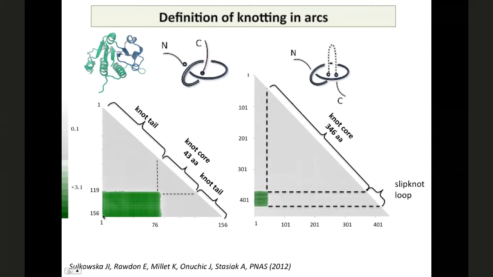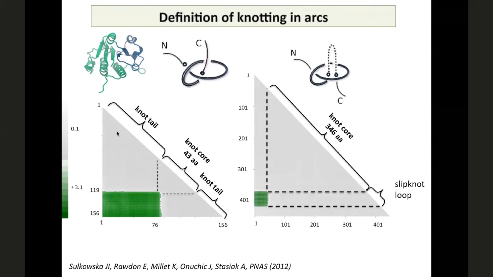So, for example, the left corner corresponds to the full chain from 1 to 156, and the cell near the diagonal corresponds to a very short subchain of the protein. So everything here is just the protein backbone. This allows us to determine the minimal segment of amino acids which possesses a knot, and which remains knotted after cutting a few more amino acids from one of the termini.